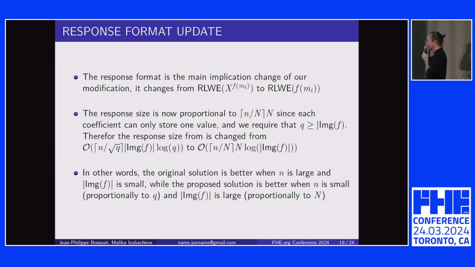However, it still remains better when the image of f is large, because the original work has a response that is proportional to the image of f, which is constrained by the ring degree. If your image of f is large, the answer does not depend on the image of f because you store it in the coefficient.